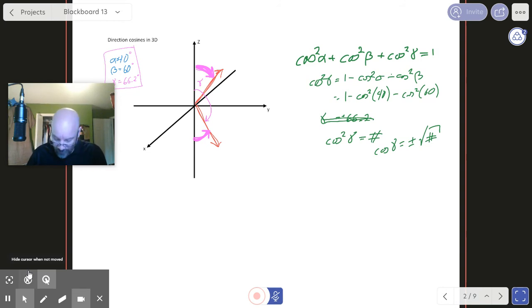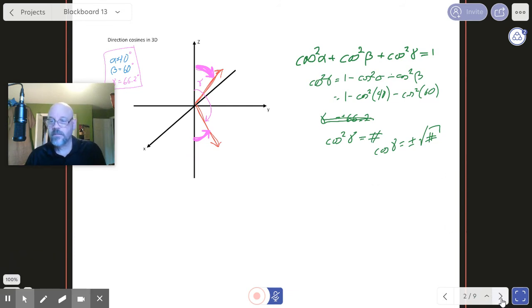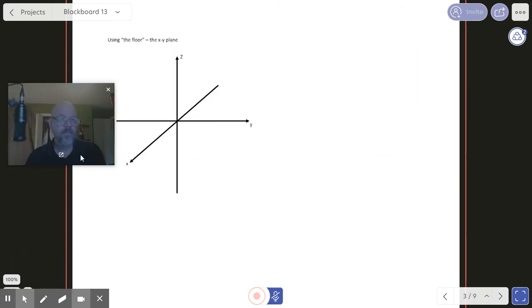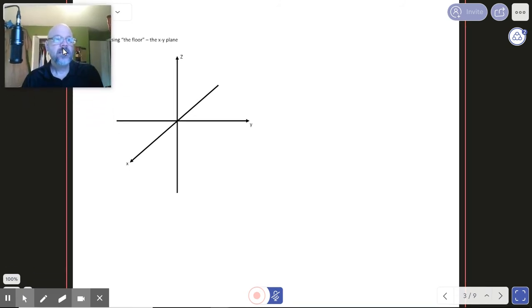Okay. Now, I want to show you one other thing about three-dimensional vectors. I know you've probably seen this in Calc 3, but again, it's kind of good to go over it from a slightly different perspective. Let's suppose our vector r is up here.